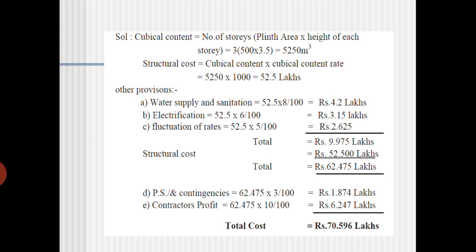If you see point D, it is not 3% of 52.5 lakhs, it is 3% of 62.475 lakhs. Then the contractor profit, of course, is 10% of the total cost of the building.